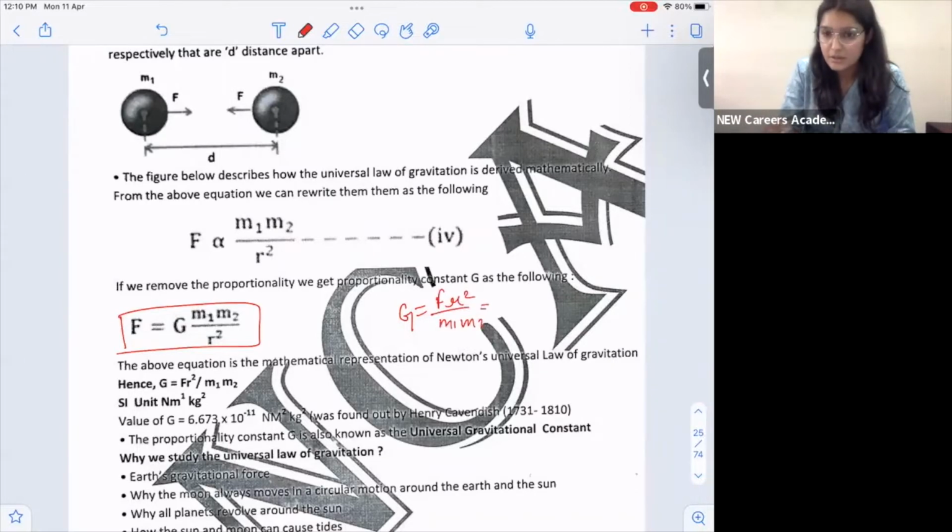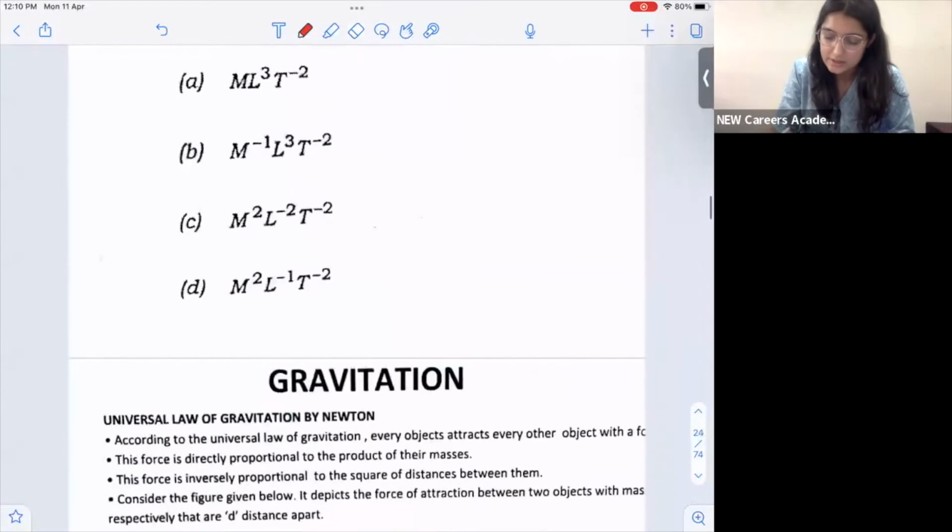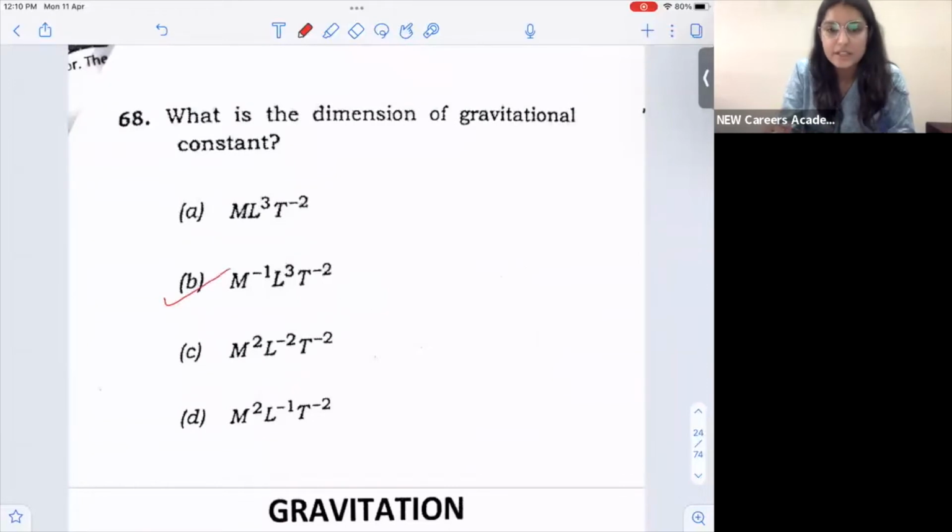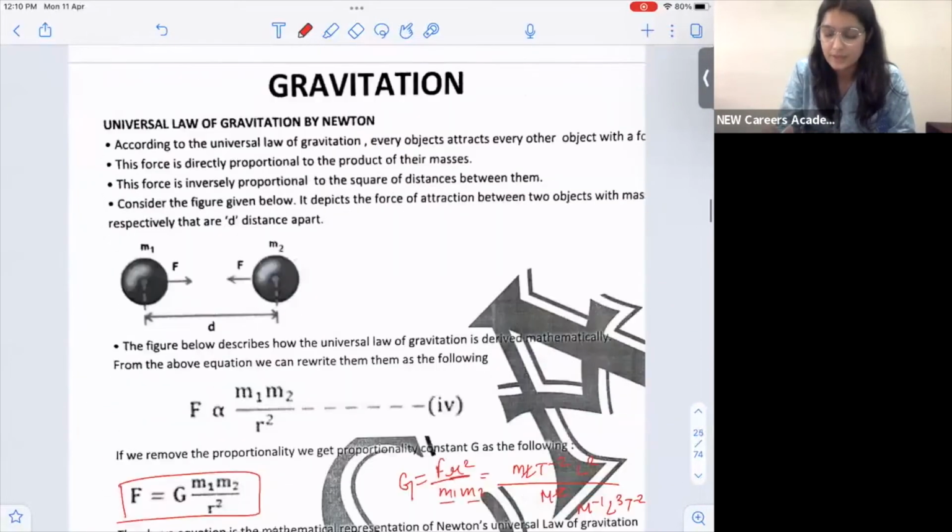We know the dimensions of force, MLT^-2, and R is radius, so the dimension is length, L square, upon M1 and M2, which are masses, so the dimension would be M square. This would be M^-1 L^3 T^-2. The correct answer is option B, M^-1 L^3 T^-2 are the dimensions for capital G.